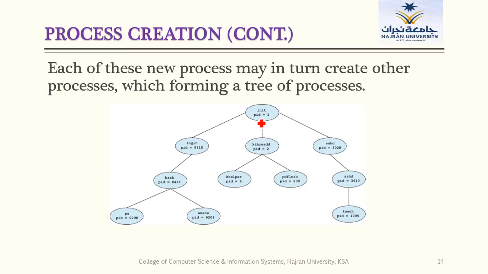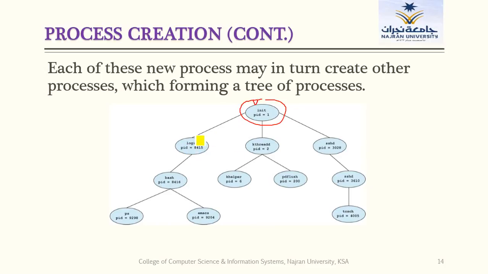Let's suppose we have this first process, and this process is called the root. This is the root, the main process. In a tree, the first one is the root. And this process has created three processes: login, kthread and sshd. Don't worry about the names of the processes, but the important thing is how many processes it has created: 3 processes.